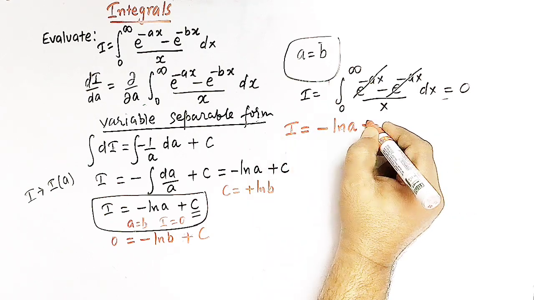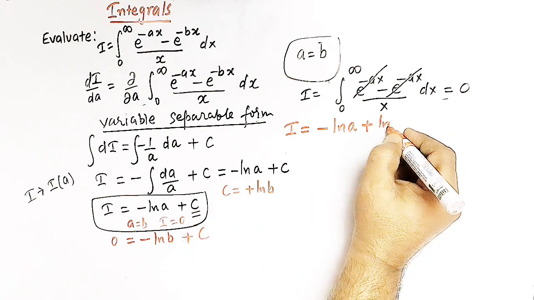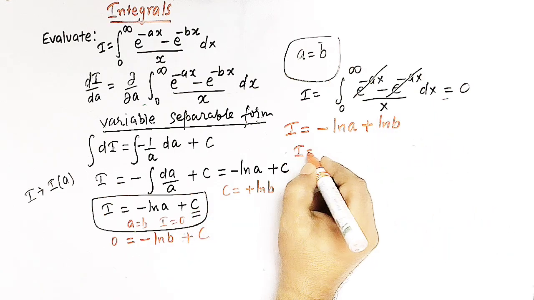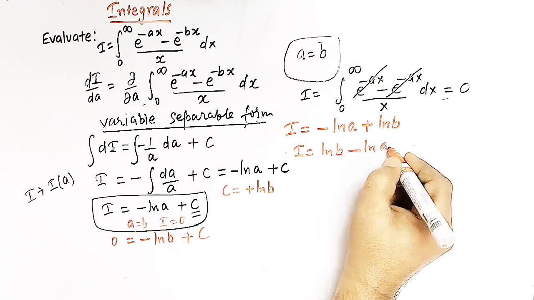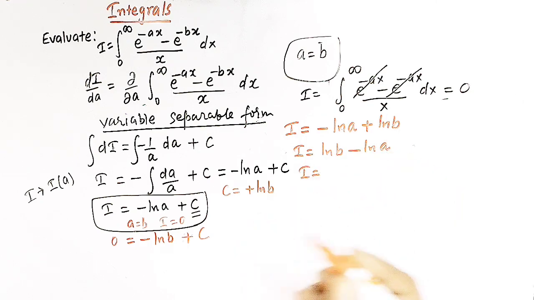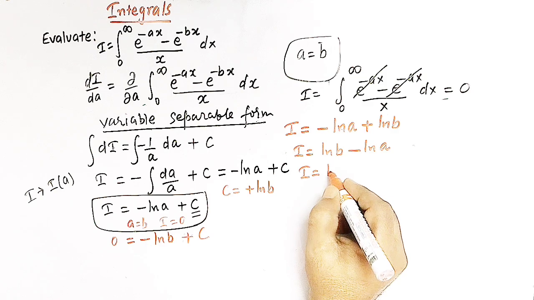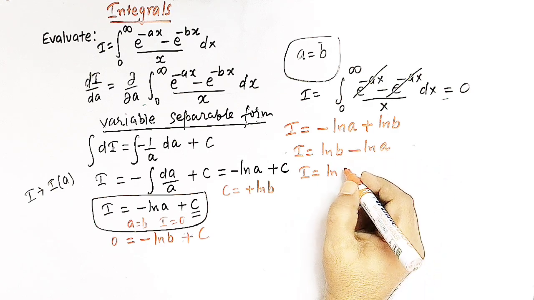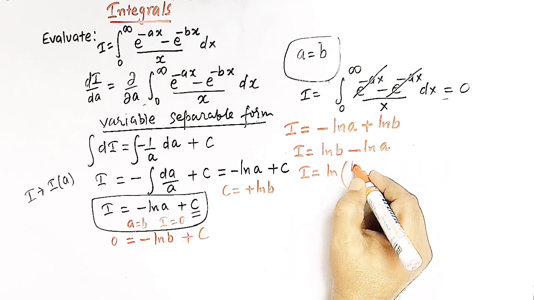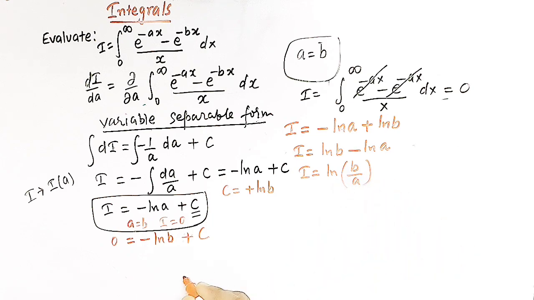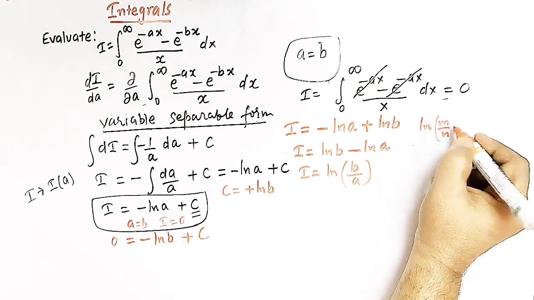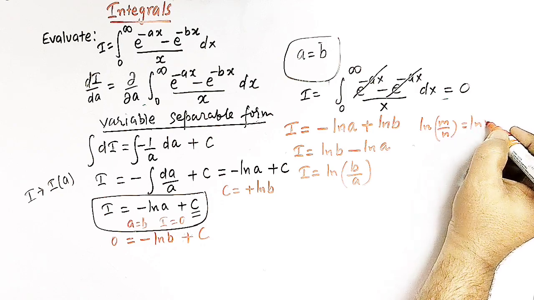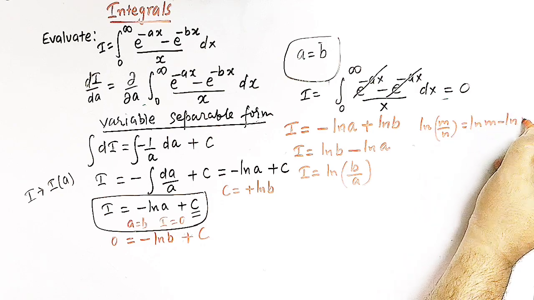So substituting this value in this equation, we have now the value of I as negative of natural log of a plus natural log of b, and we can now write natural log of b minus natural log of a, and using the laws of logarithms, we can easily write this expression as natural log of b over a, because we know that natural log of m over n is given by natural log of m minus natural log of n.